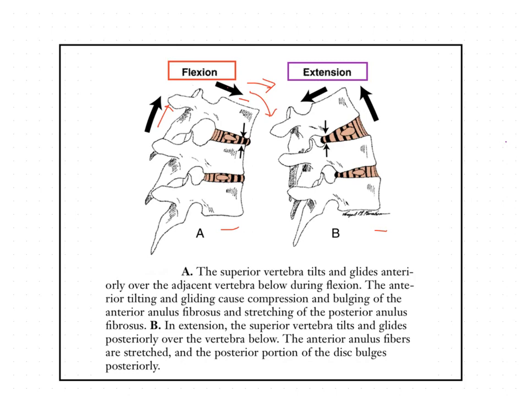The gliding of the superior facet over the inferior facet of that mobile segment takes place. Such anterior tilting and gliding of the superior vertebrae over the adjacent vertebrae causes widening of the intervertebral foramen and also separation of the spinous processes.